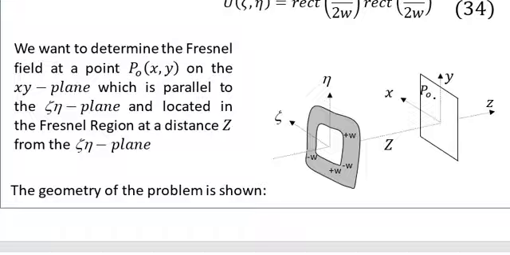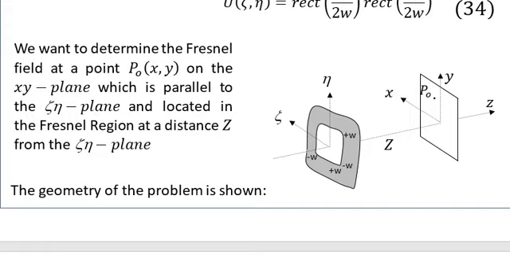You see that a square aperture has been shown in the figure. The square aperture is lying on the zeta eta plane. The width of the square aperture is 2w, from minus w to plus w, and there is a clear aperture of this width, and around it there is an opaque region through which light cannot pass.